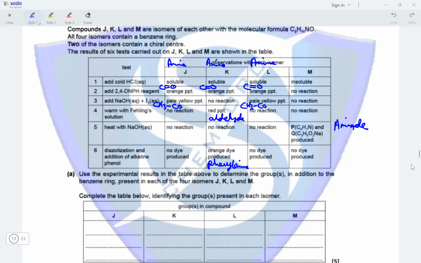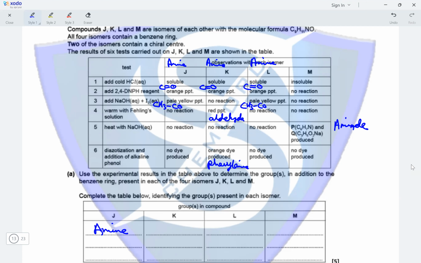So according to the test results, in compound J, we've got an amine group and we've got a carbonyl group that is next to a CH3 group, and this could be a ketone because we also have no reaction with Fehling's solution.